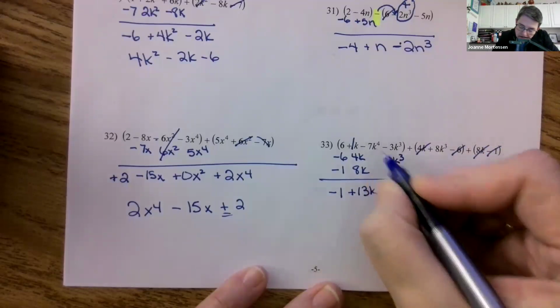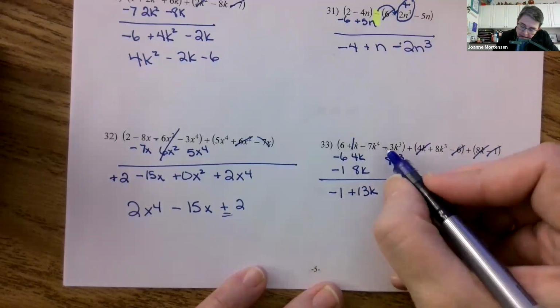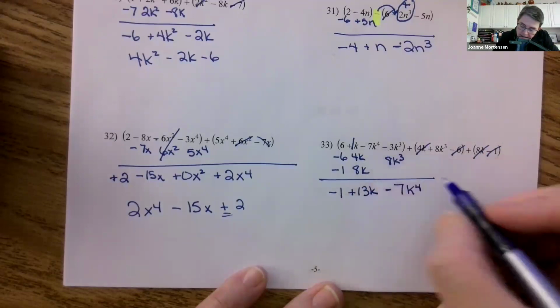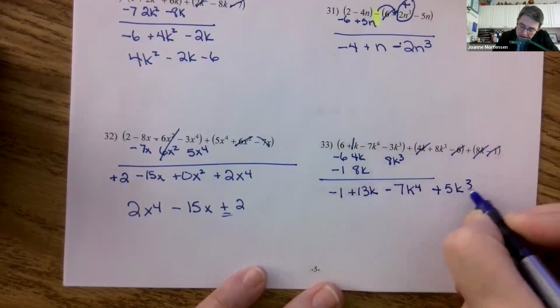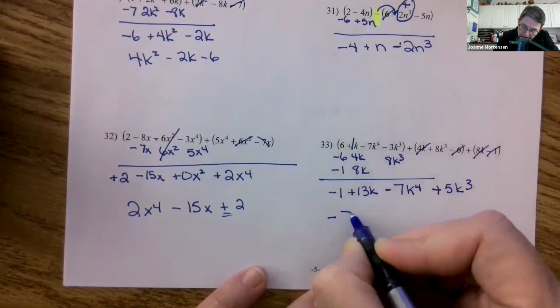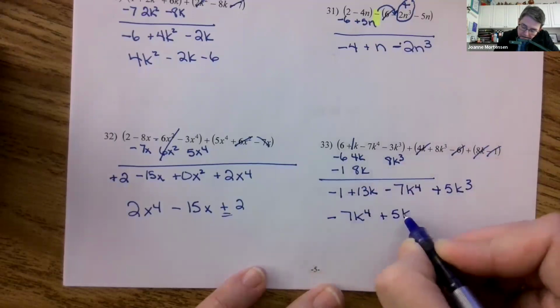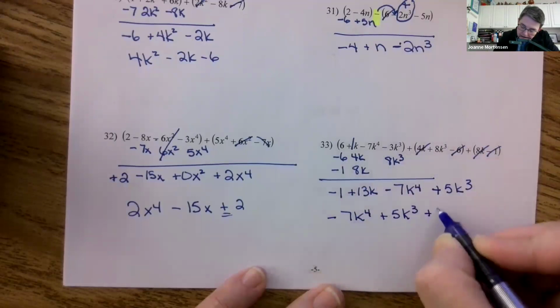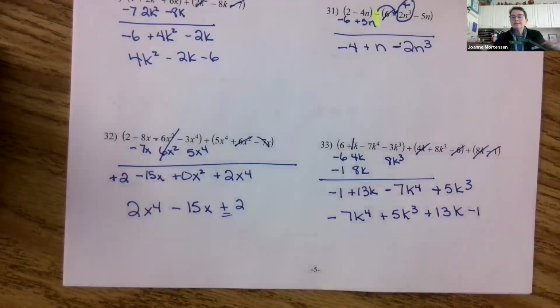And then I'm going to bring this guy down, 7k^4. And then I've got -3 plus 8, so I'm going to get plus 5k^3. And now I'm just going to make it pretty. And there we go. Ta-da!